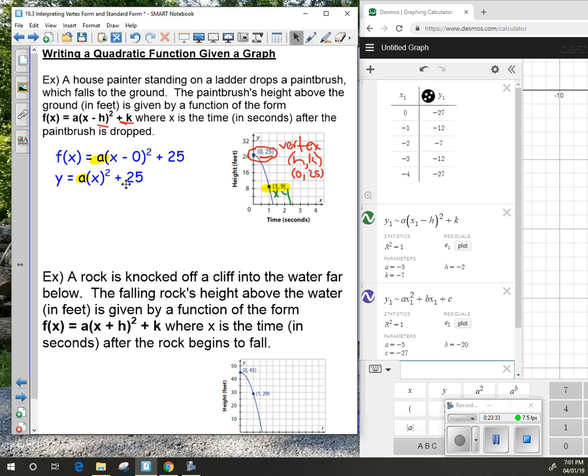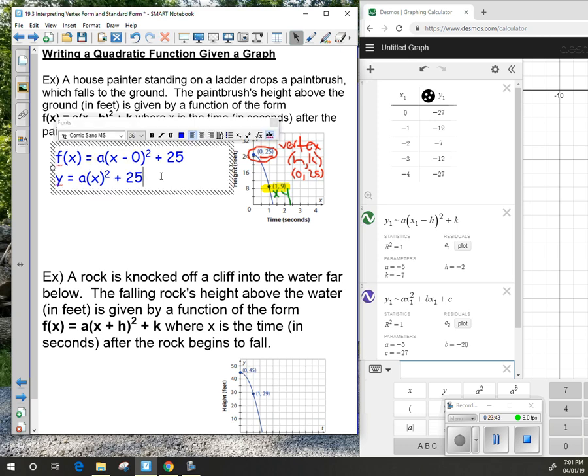And so I'm going to plug those in for x and y, and if that's the only variable I have left, I can solve for a. So going back to my typing here, I would have 9 is equal to a, that's what I don't know, plugging in the 1 for the x, squared plus 25.